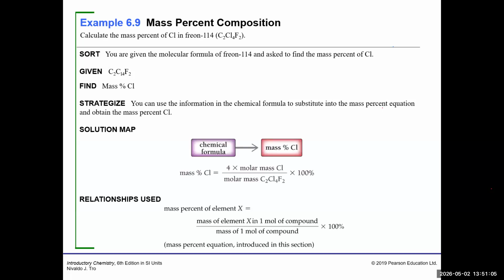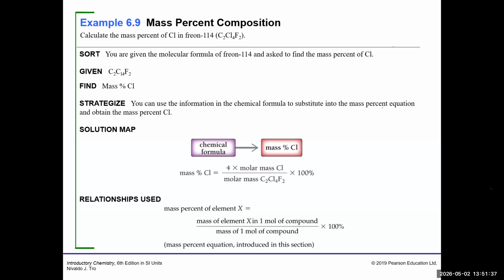So we strategize: the mass percent of chlorine equals 4 times the molar mass of chlorine, per the molar mass of Freon, times 100. There's a mistake: it's Cl4, not C14.